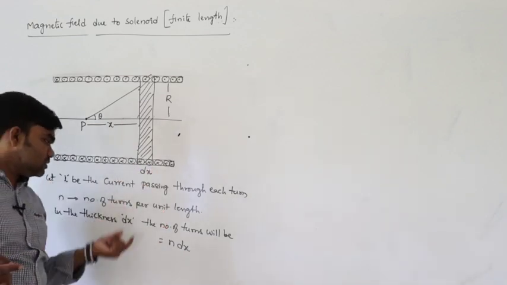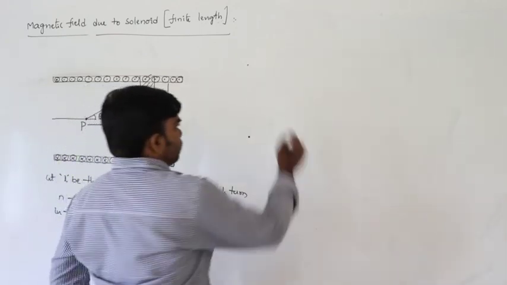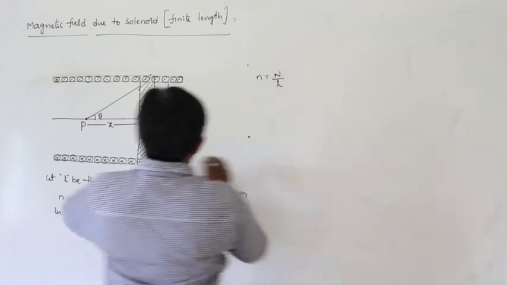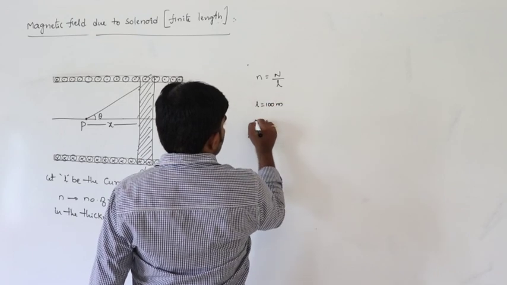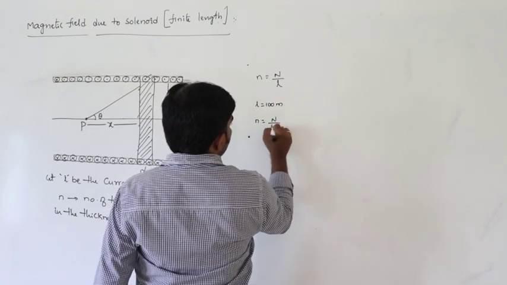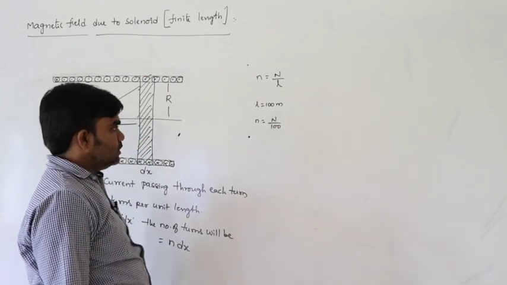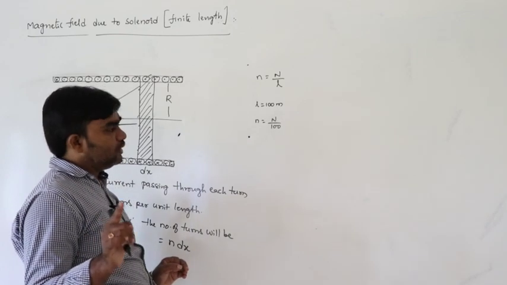For dx meters, what is the number of turns? n into dx. Here, small n is equal to capital N divided by L. So, let us say L is 100 meters, then small n is N by 100. This is the number of turns per unit length.